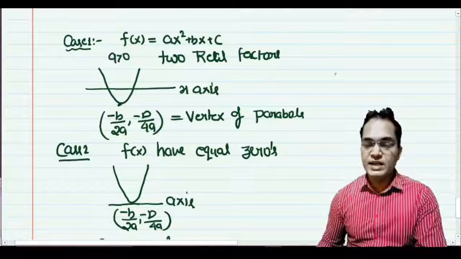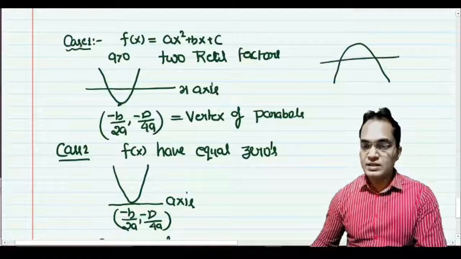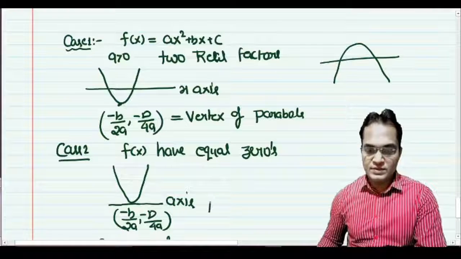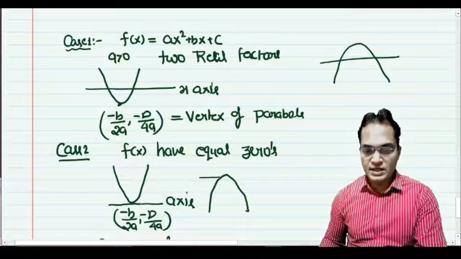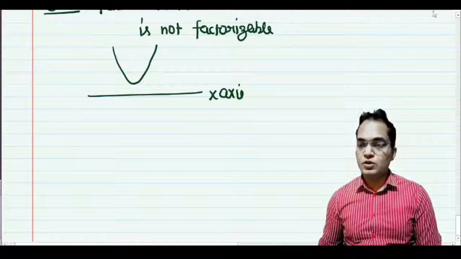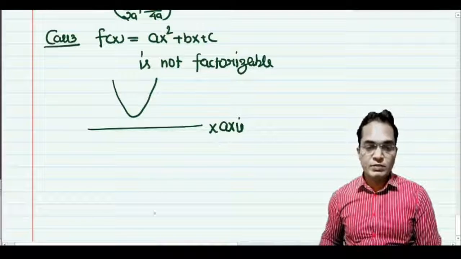If a is negative, then in all three cases the graph is like this. This is the graph for case first, and for the second graph you can say this is the graph and this is the x-axis touching. And when it is not factorizable, or you can say f(x) has no factor, then what will be the graph?